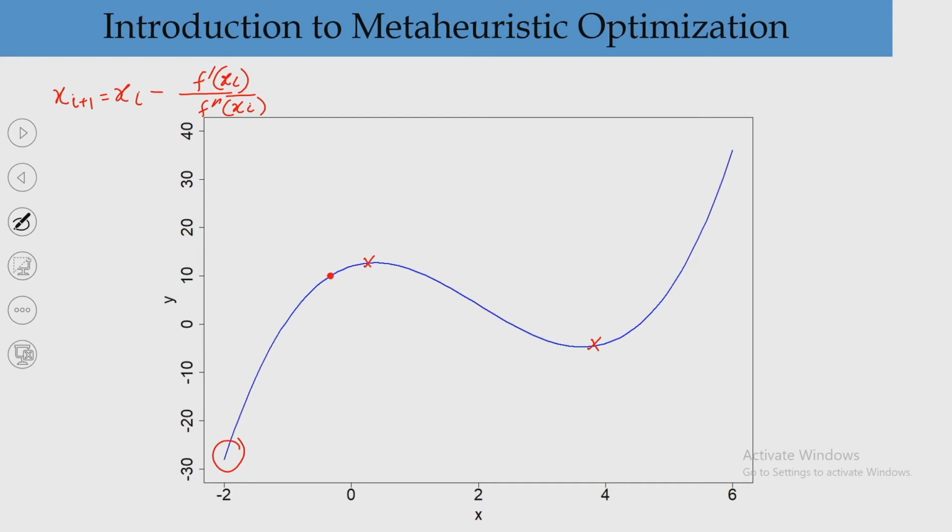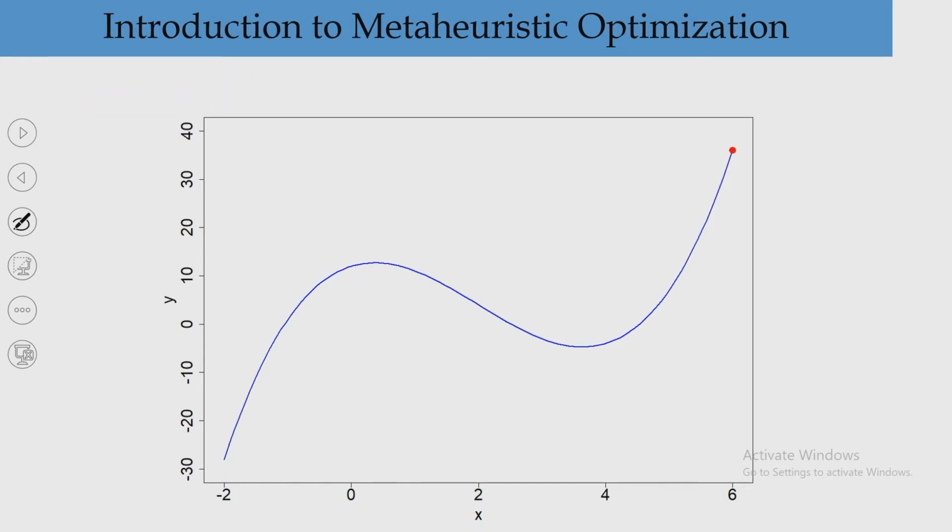In the second iteration I am getting this point, in the third iteration this point, fourth iteration this point. Finally, I am getting this solution. So, this is one x star, or you can say this is a stationary point, and this is a maximum point. So, this is one solution of this particular function.